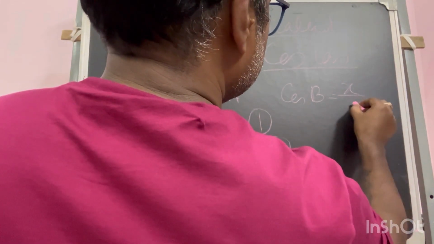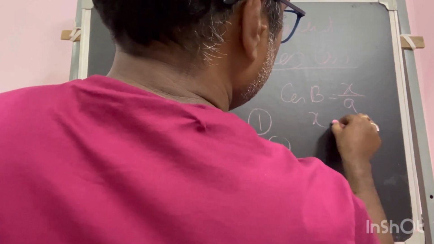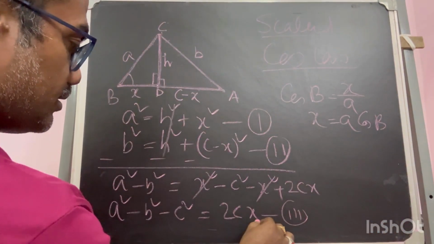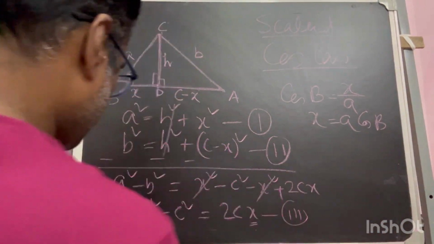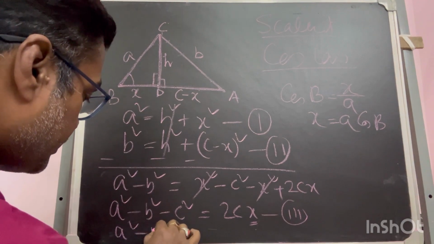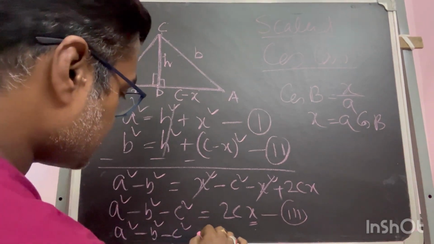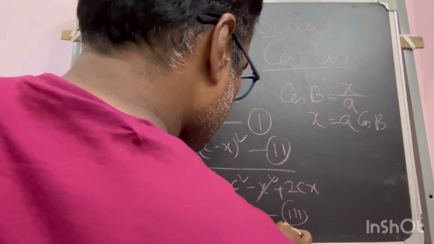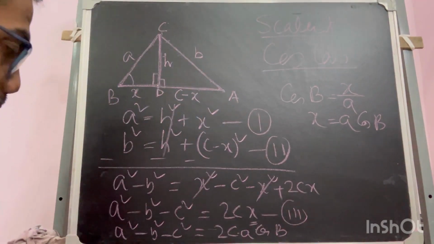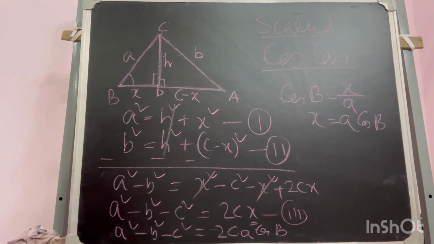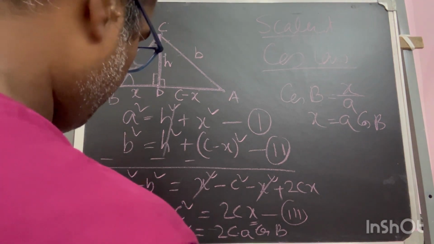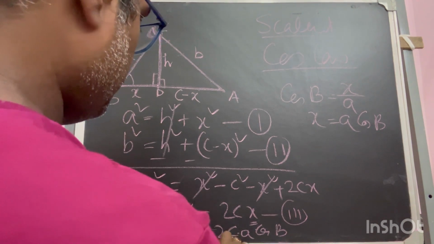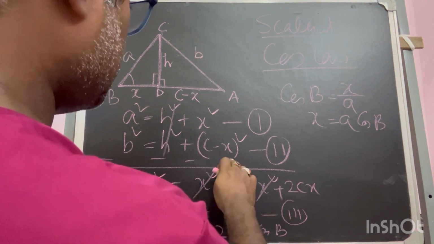X by a, so x is equal to a cos of b. The same I can replace here. So if I replace it here, it becomes a square minus b square minus c square is equal to 2 into c into a cos of b, which is c into x.